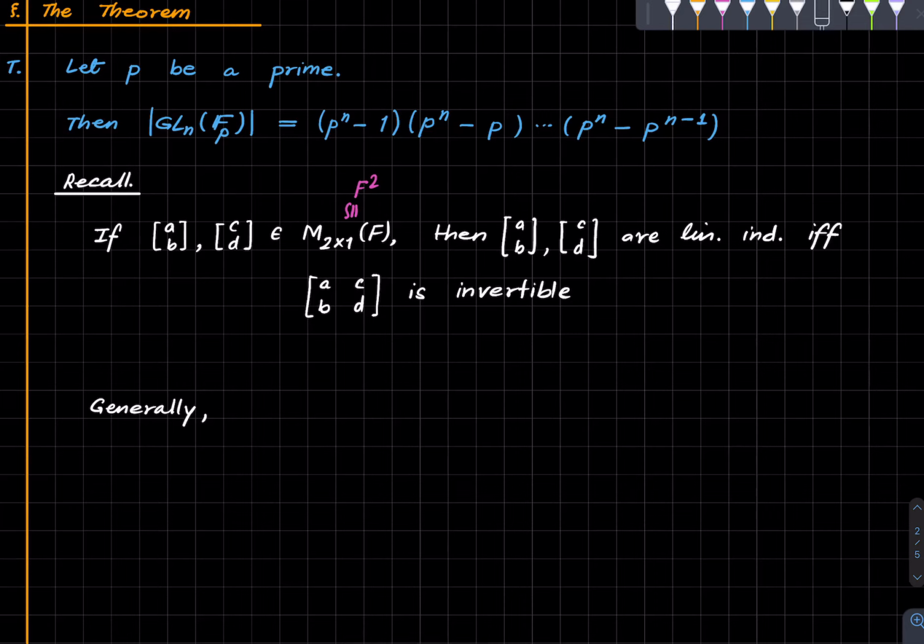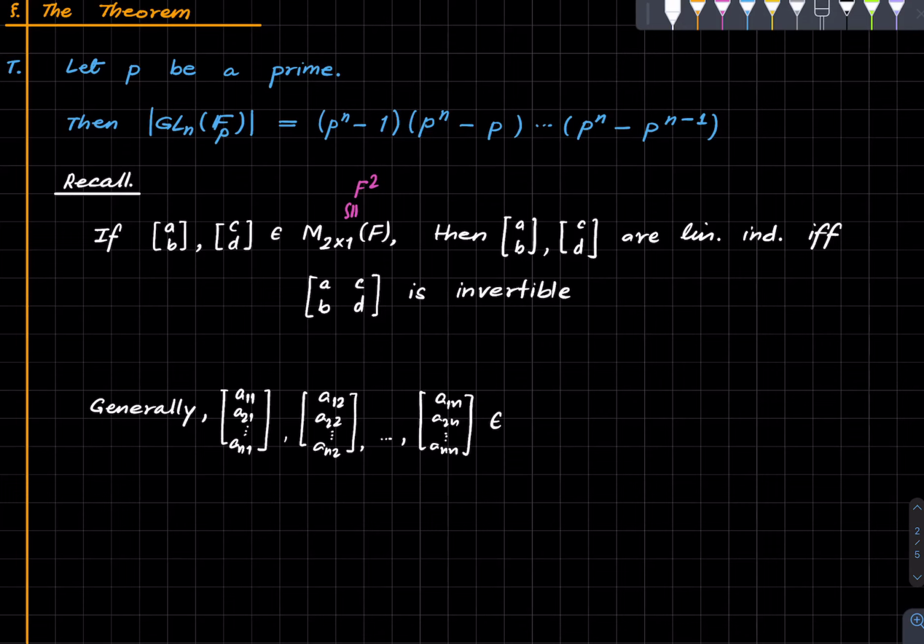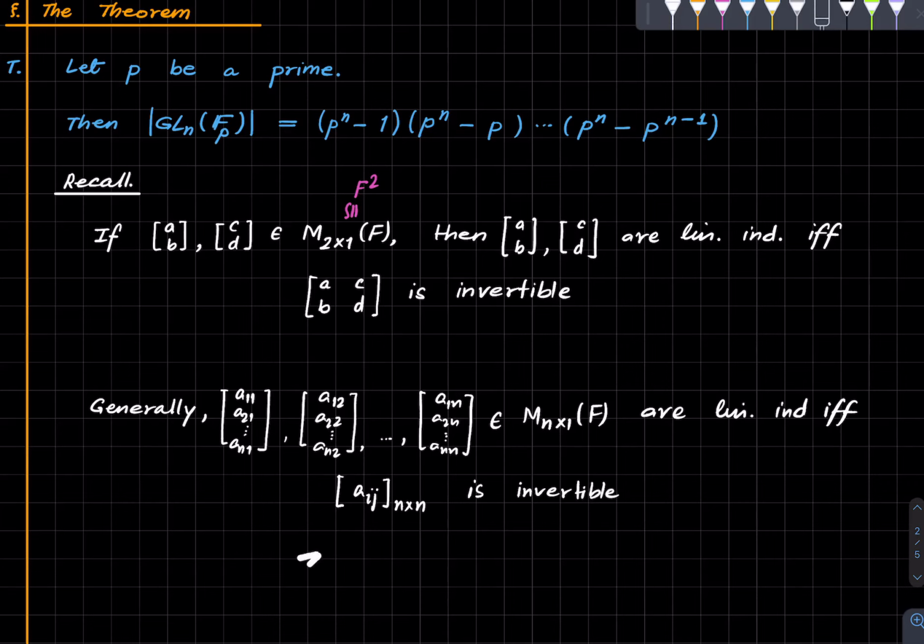And the general form is that given n things in m cross 1 matrices over F, these are linearly independent if and only if this matrix, whose ij-th entry is Aij, this n cross n matrix, is invertible. So we know this from linear algebra.